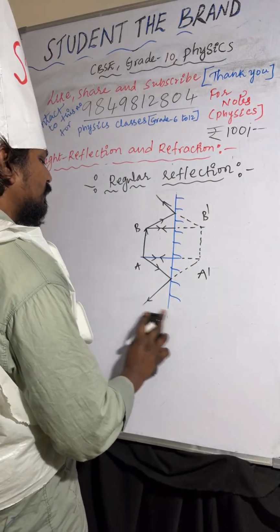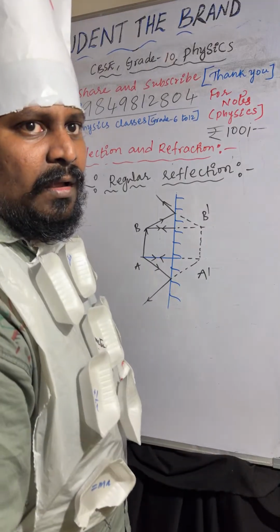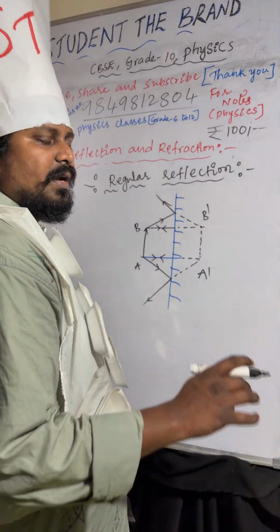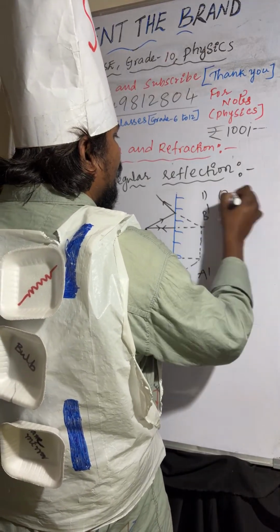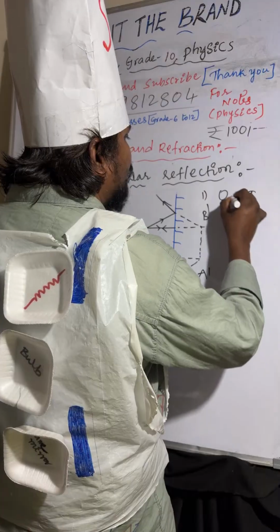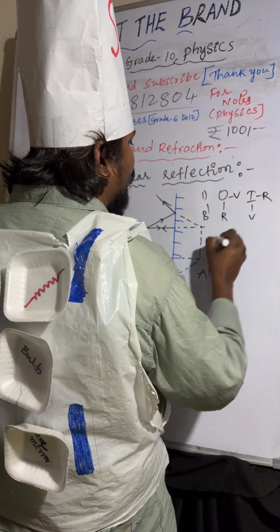Now you can see, object is real, image is virtual. Object is virtual, image is real. That is point number 1.